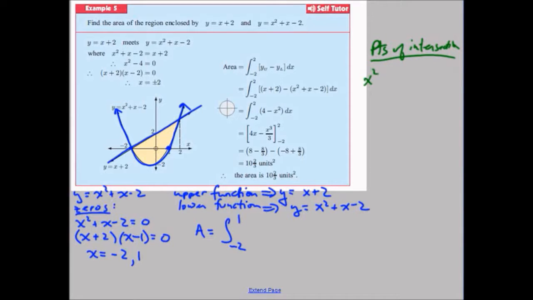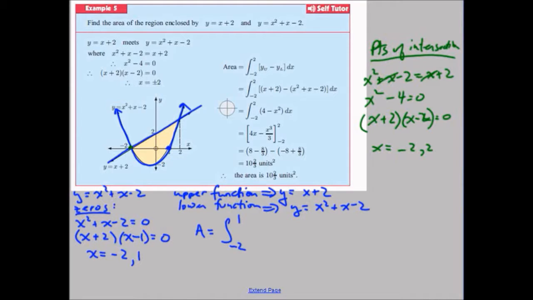So x squared plus x subtract 2 equals x plus 2. x squared, x plus x cancel, x equals x cancel. Subtract 4 equals 2. So difference of squares, x plus 2, x minus 2. So x is negative 2 or positive 2. So these are our points of intersection.